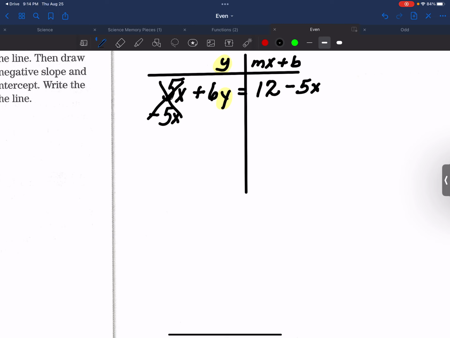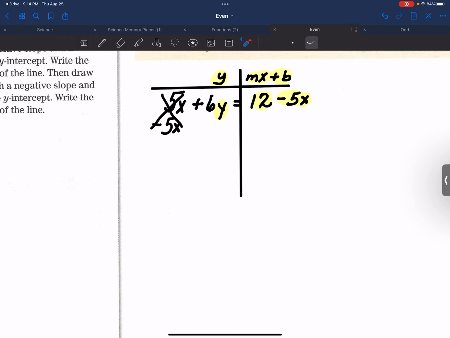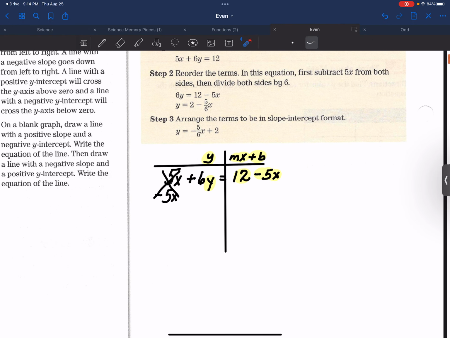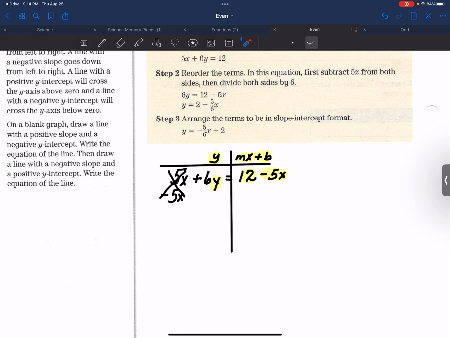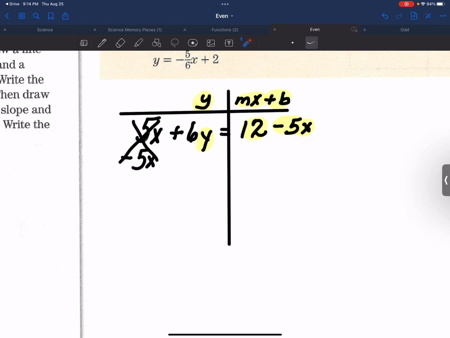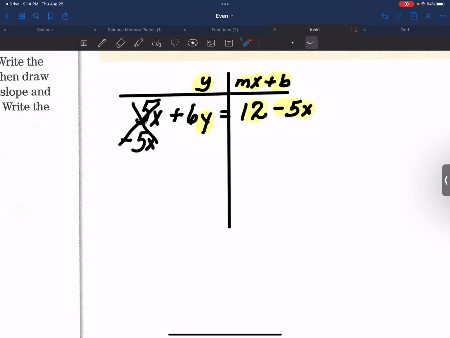So we have our mx, sloping x, it's right there. And then there's baby b. But we still have this thing. Okay? So we're going to have to deal with that 6 somehow.